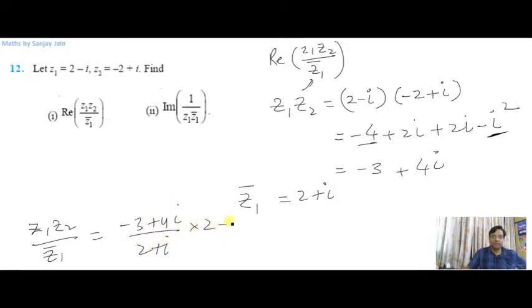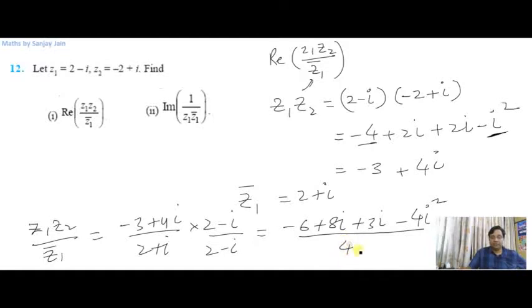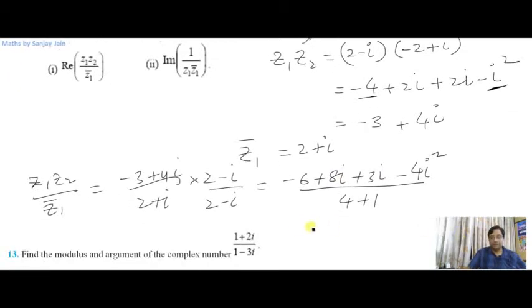So let me write it into a plus iota b form. It will be equal to minus 6 plus 8 iota plus 3 iota minus 4 iota squared, and in the denominator I'll have 4 plus 1, right? Now it will be equal to, this is 11 iota and this is plus 4.